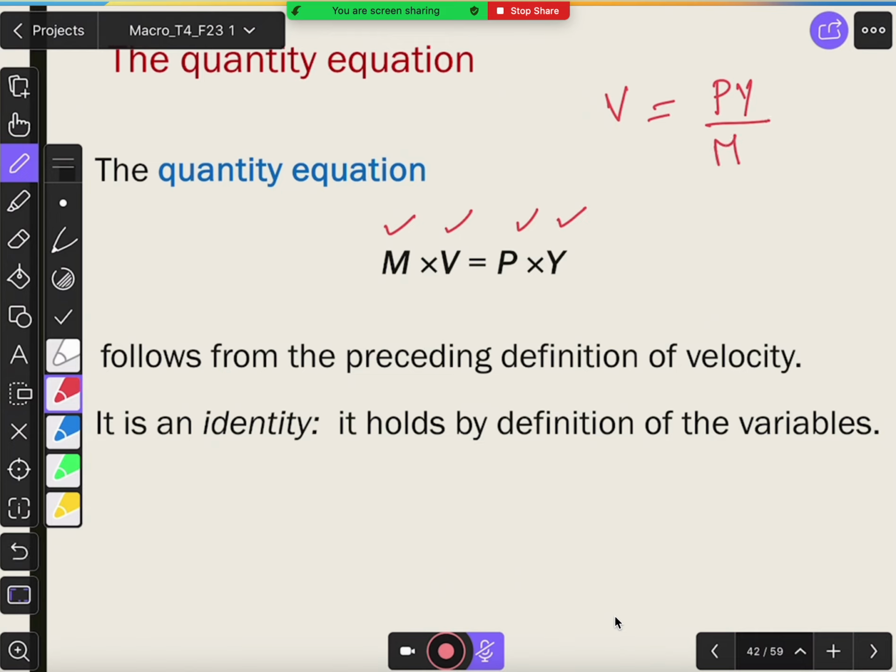So if you multiply both sides times M, you cancel on the right side, then you have MV equal PY.